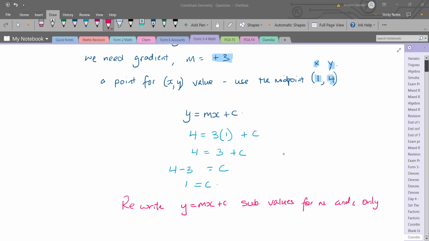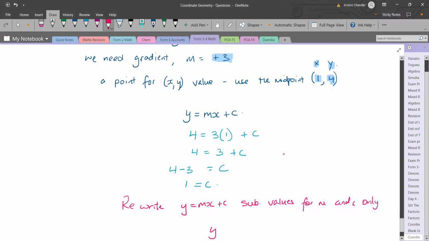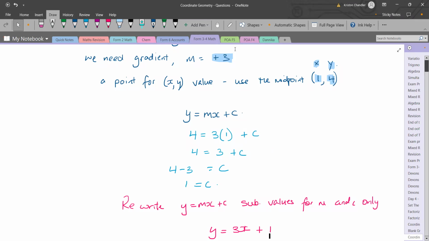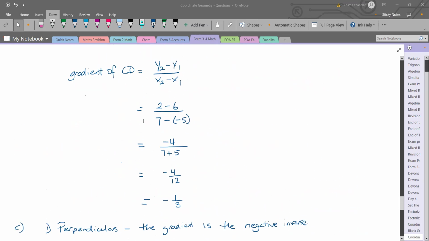All right, cool. So I'll get y is equal to 3, the value for m, 3x plus c is 1. This is the equation of my perpendicular bisector. Everybody cool with that? Yeah, give me a little thumbs up there. All right.